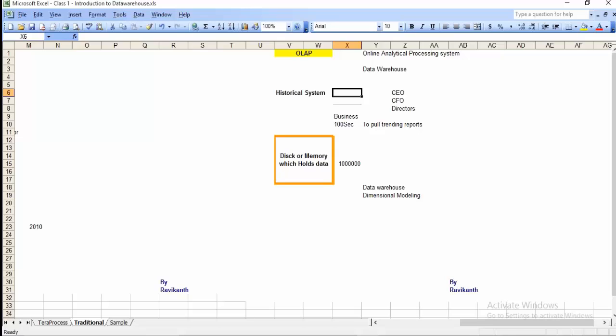By analyzing the historical data, they can take critical decisions for their future organizational growth.